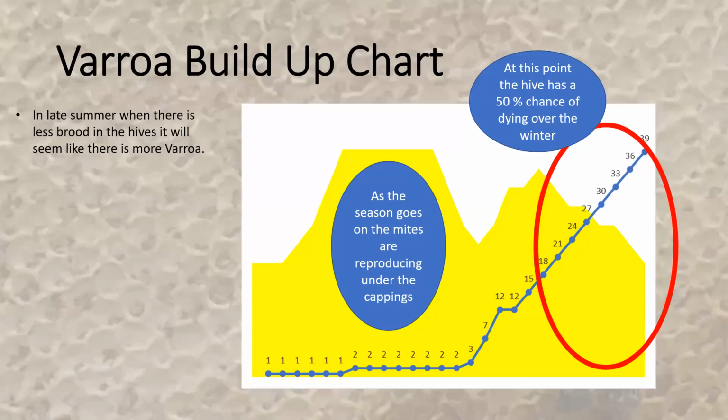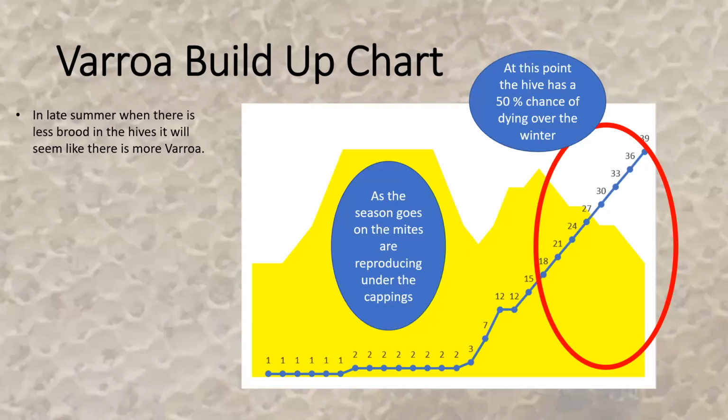And then this is a hive, let's say, that isn't treated whatsoever, and going into late fall, going into winter, you're getting numbers completely out of control. You're finding 30 varroa mites per 300. You very likely will not see that because they're probably dead at that time.